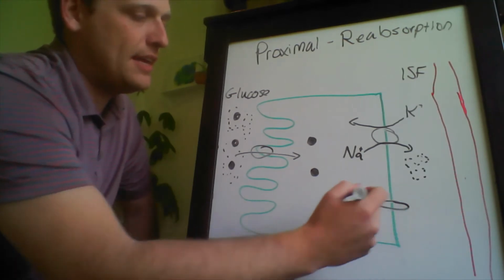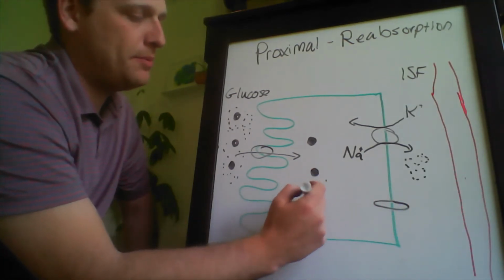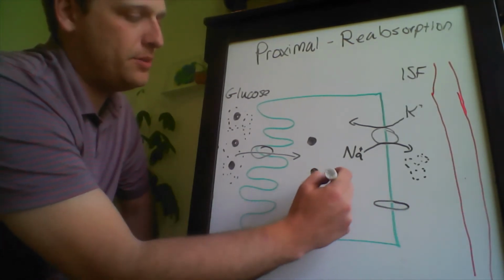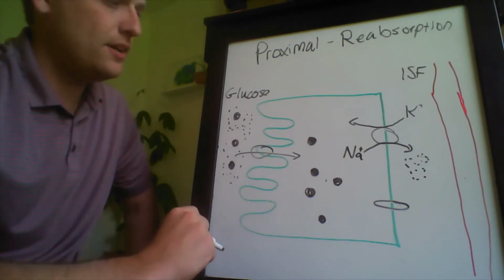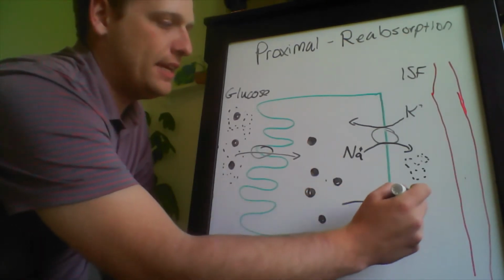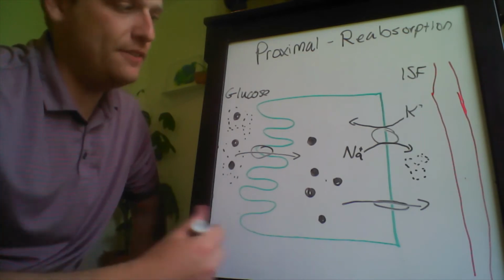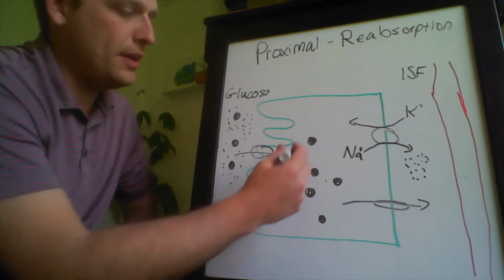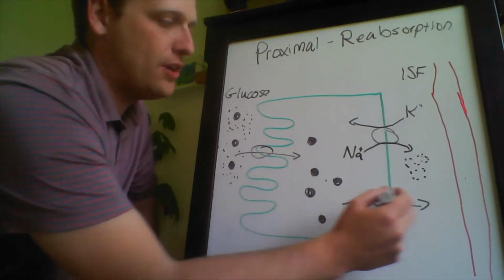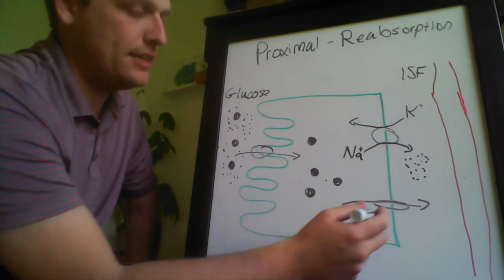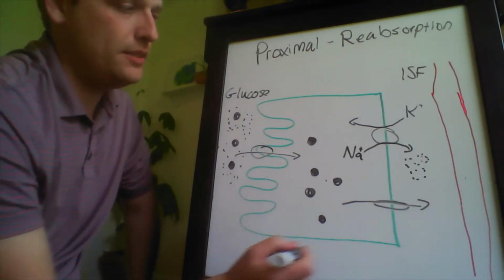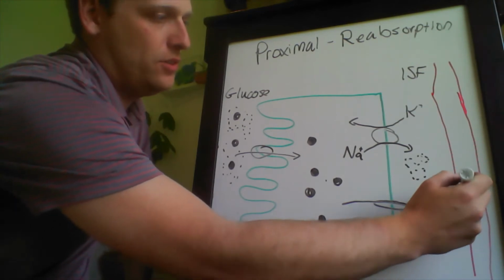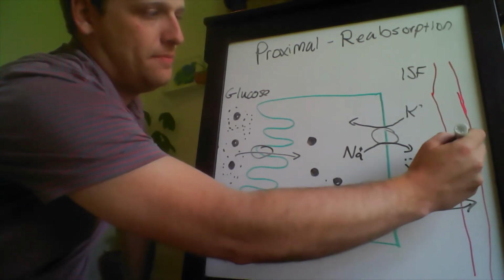And once they've done that, they build up in greater numbers inside the cell, and then they can go through facilitated diffusion. So they build up in concentration, they travel with their concentration gradient into the interstitial fluid, and then back into the blood.